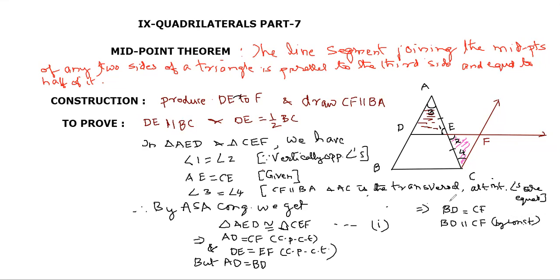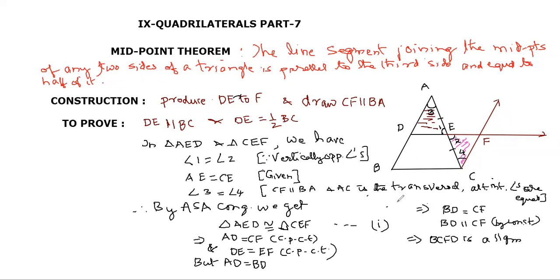So when one pair is parallel and equal, this implies that BCFD is a parallelogram. When it is a parallelogram, then opposite sides are parallel.